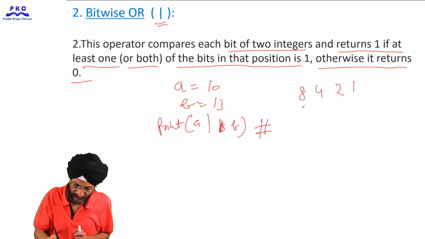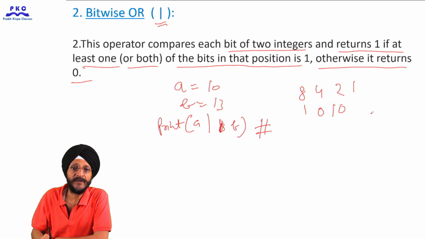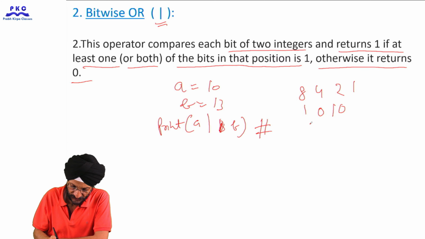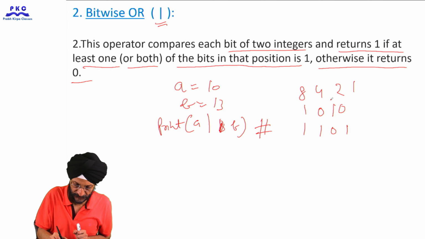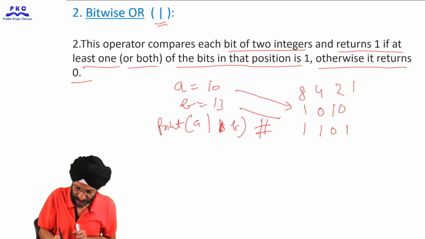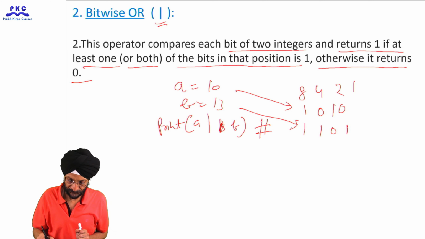In case of 10, we have written 8 plus 2, so 1 0 1 0. In case of 13, we had mentioned 8, 4, 0, 1. These were the binary numbers of A and the binary numbers of 13.